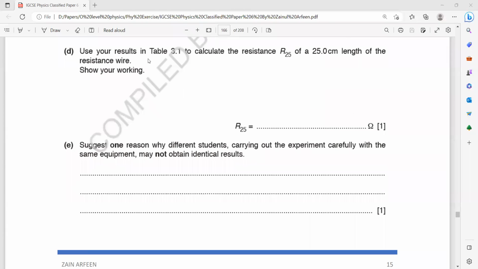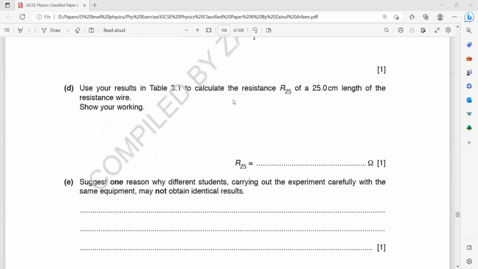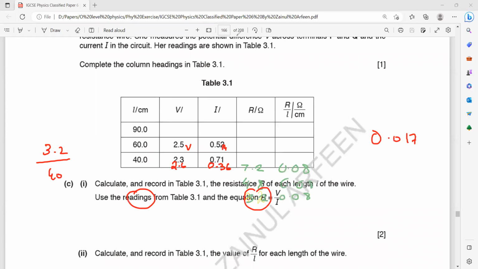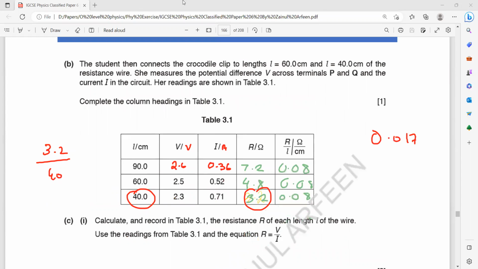Use your results in table 3.1 to calculate the resistance of a 25 centimeter wire. How can we calculate the 25 centimeter wire? You can use a ratio here, because resistance and length are directly proportional.